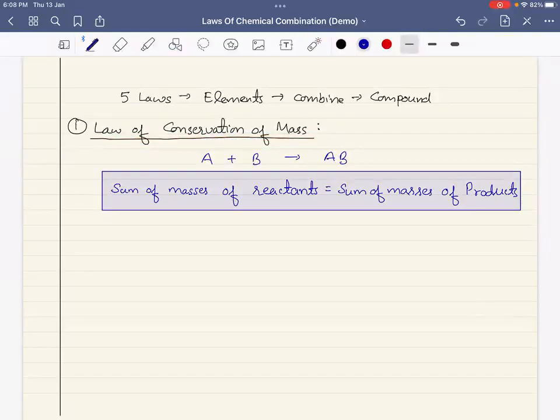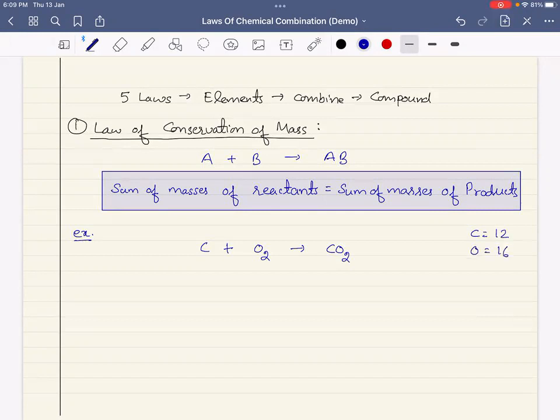Now let us understand it through an example. For example, carbon plus oxygen gives us carbon dioxide, CO2. We know that the atomic mass of carbon is 12 and oxygen is 16.